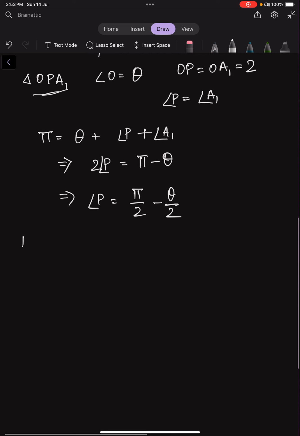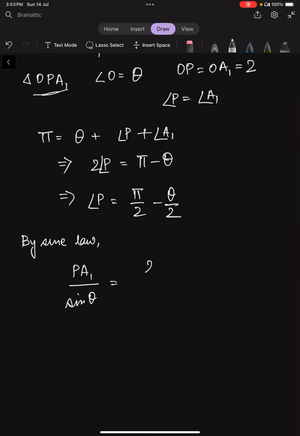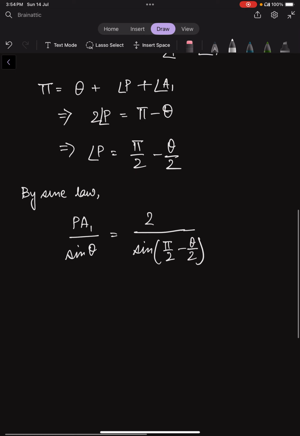Now by sine law, PA1 by sine theta is equal to 2 by sine of (pi by 2 minus theta by 2). Pi by 2 is basically 90 degrees. I've written 90. You can also write it as pi by 2, if this works for you.